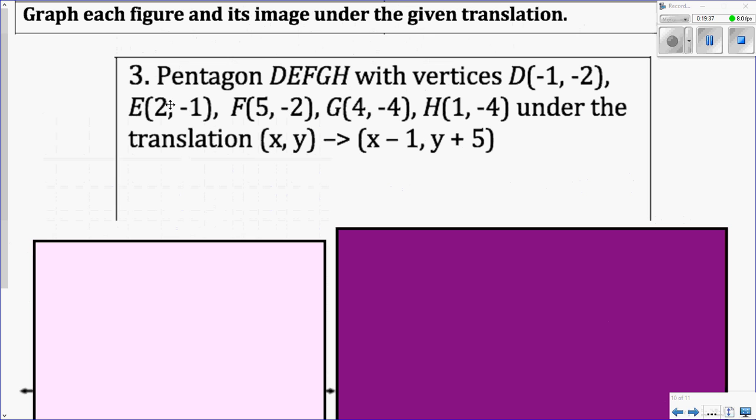Same thing. This time it's a pentagon, and it has its vertices D, negative 1, negative 2, E is 2, negative 1, F is 5, negative 2, G is 4, negative 4, and H is 1, negative 4. And it's under the translation of x minus 1, y plus 5.